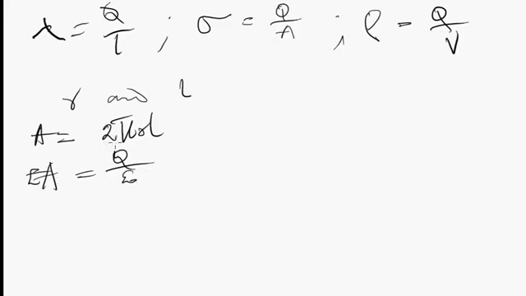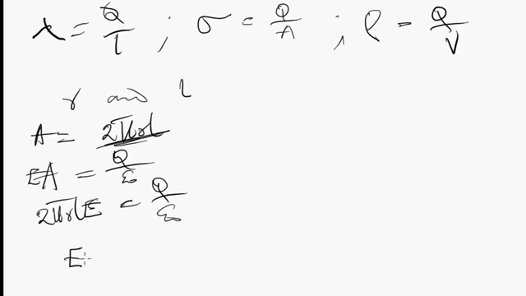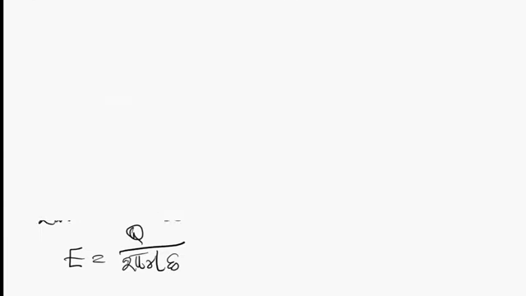We can replace the area by this. So we now say 2 pi RL E is equal to Q over epsilon naught. If I want to make E the subject of this formula, I can simply have Q over 2 pi R L epsilon naught.